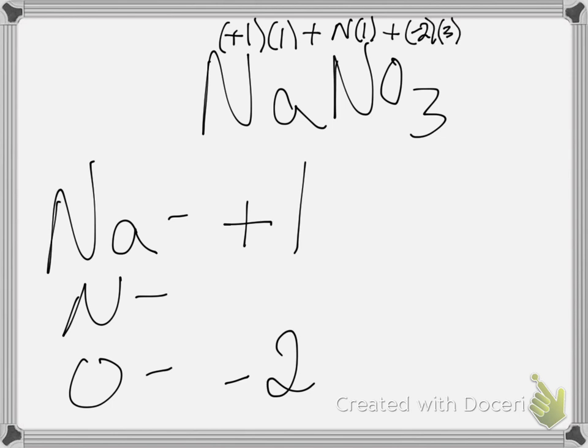And it's got to come out to equal 0. So I have -6, and I have 1, which would be negative 5. So 1 plus -6 is -5.